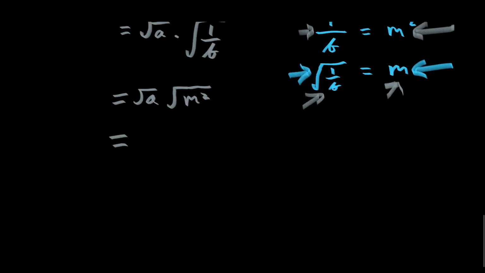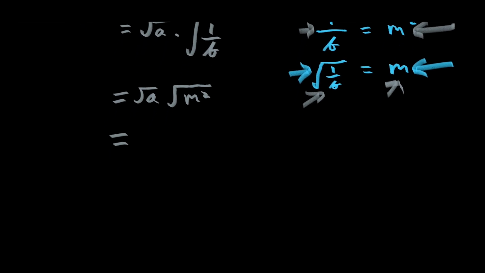So we can apply the product property, because the product property says that so long as you've got two real numbers that are greater than or equal to 0, then the square root of one times the square root of the other will just equal the square root of their product. So let's write it as the square root of the product of a with m squared.